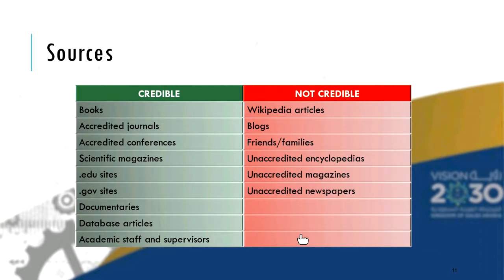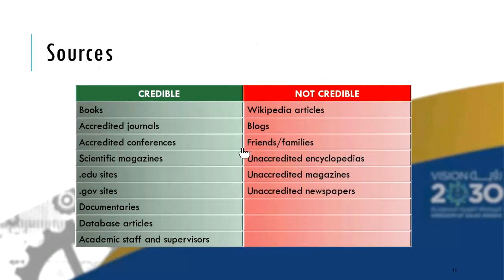In this table, I summarize some of the credible and not credible sources. We've talked about the credible sources: books, accredited journals, accredited conferences, scientific magazines. If you want to use online resources, .edu sites are credible, .gov sites are credible too, documentaries, database articles, academic staff and supervisors.